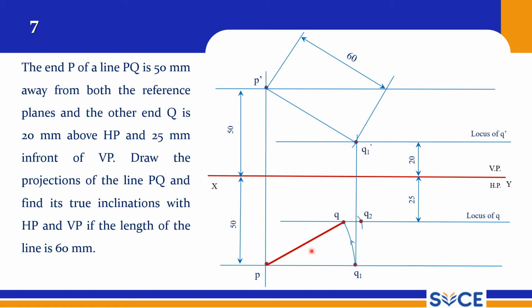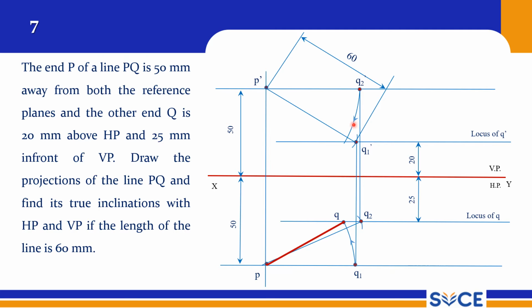So this arc we can connect it, and this can be called as Q2, and P and Q2 can be connected, and this should be projected up to locus of P, and we get Q2 dash. So this is the Q2 dash, and now P dash and Q2 dash as radius, P dash as center. Rotate this up to this locus of Q dash line.